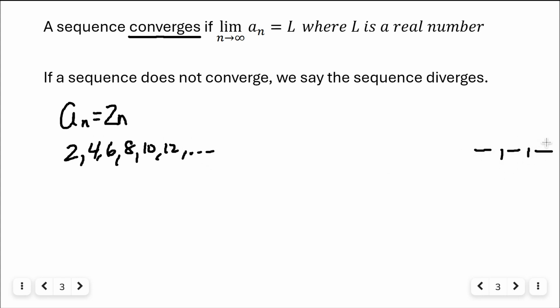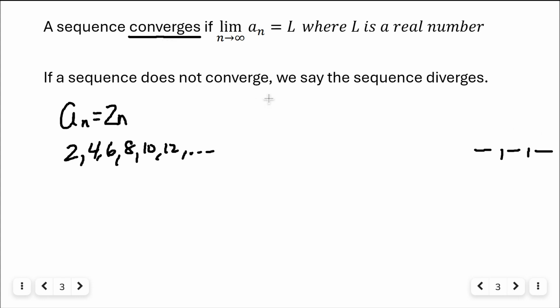At the very, very end of the list, as far as we can go, as high a value as we can pick for n. And what's the highest value, so to speak, that we could pick for n? It would be infinity, right? We would just want to write this list forever and ever. So the question is, the numbers that are all the way out here, are they going to be a finite value or not? If they are, then that sequence converges.